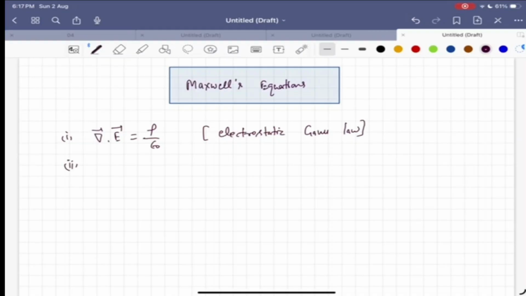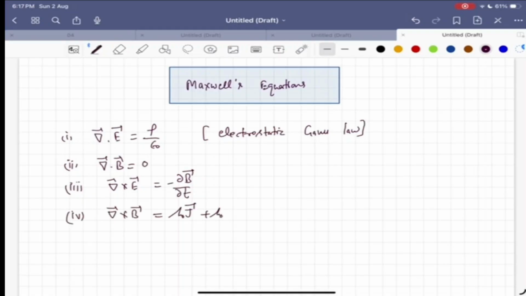If you look at the second Maxwell's equation, del dot B equal to 0, and the third one is del cross E equals minus del B by del T, and the fourth one is del cross B equals mu naught J plus mu naught epsilon naught del E by del T. If you look at the second equation, it has no name as such, but we can call it equivalent to Gauss law of magnetostatics.